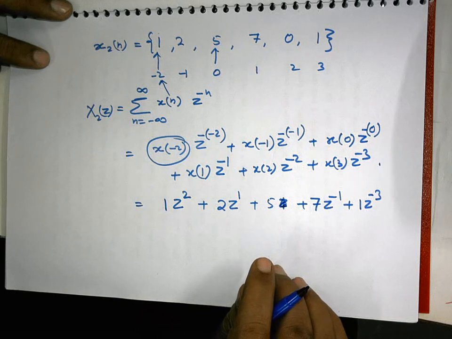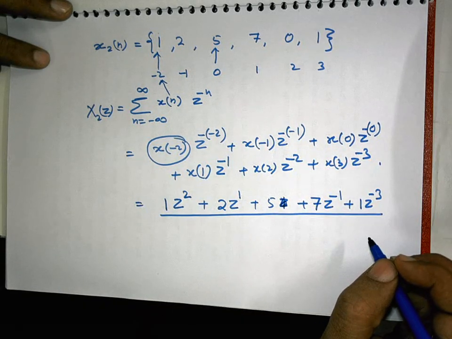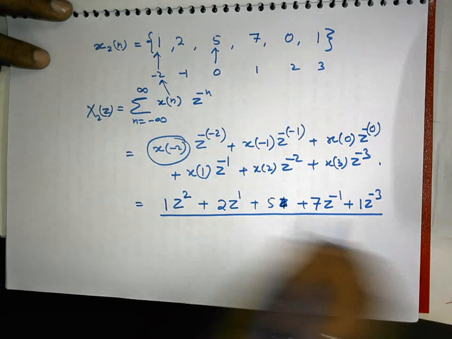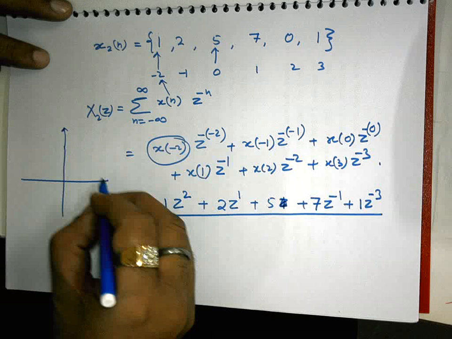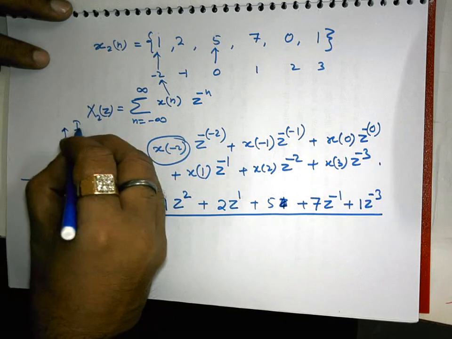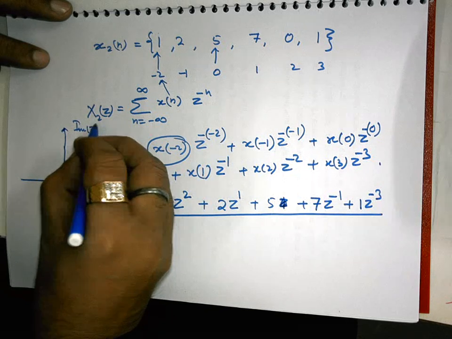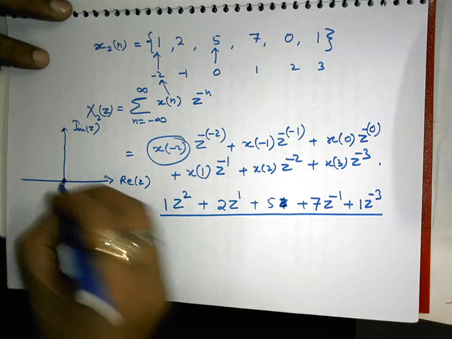Now you see that this series will converge for all the values of z. If we look at the picture in the z domain, this is the real z and this is the imaginary z. This will be finite for all the values of z except z is equal to 0.